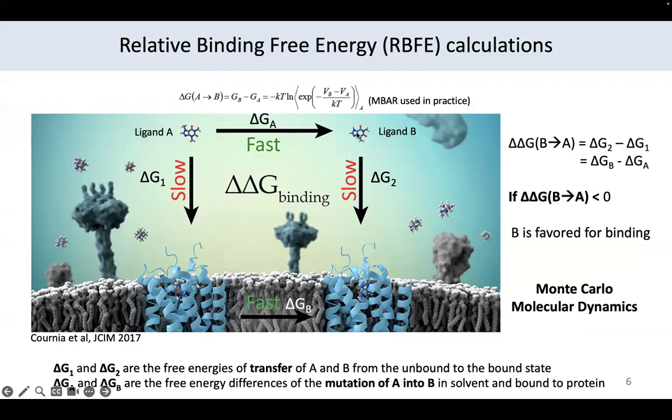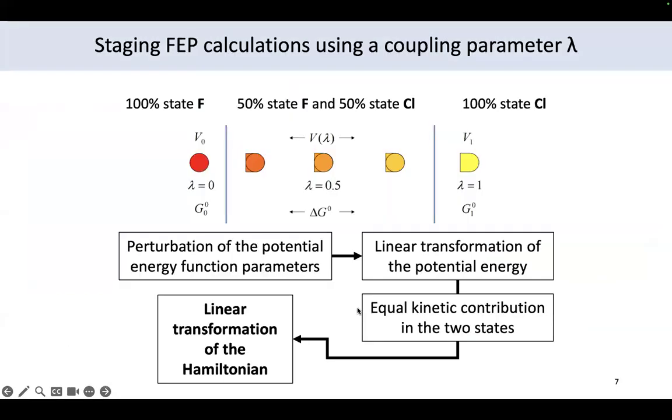What we are going to do in this leg and in this leg is transform the parameters of the first ligand, which is 100% fluorine, to chlorine by essentially mixing the parameters of the two states, by very slowly perturbing this potential energy function by linear transformation of the potential energy.